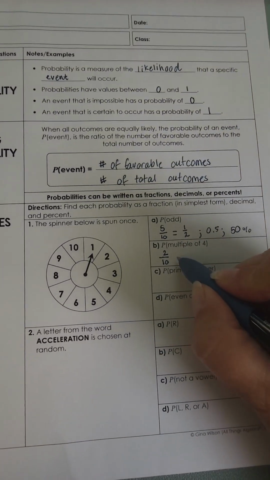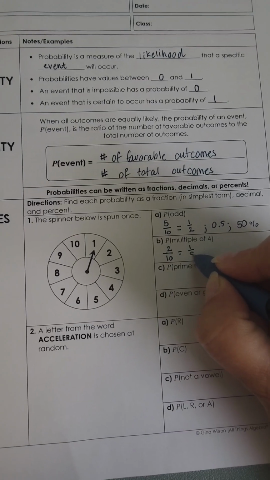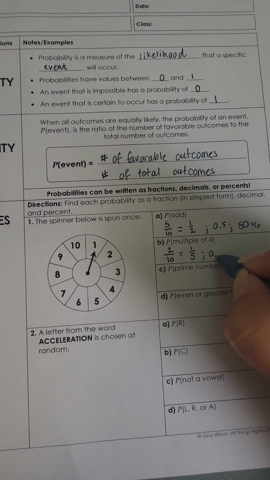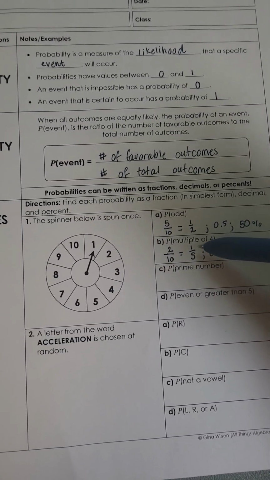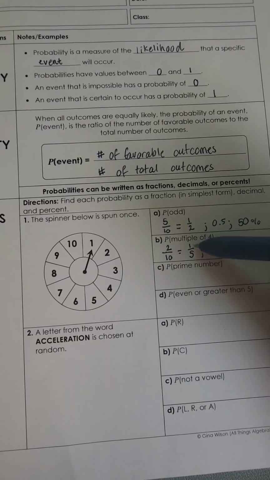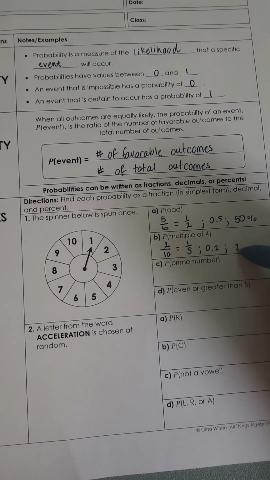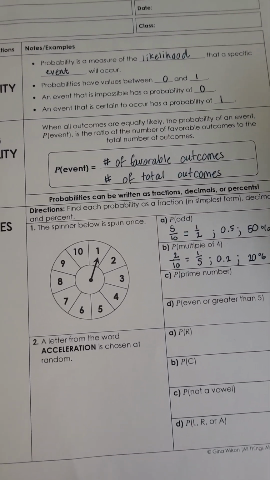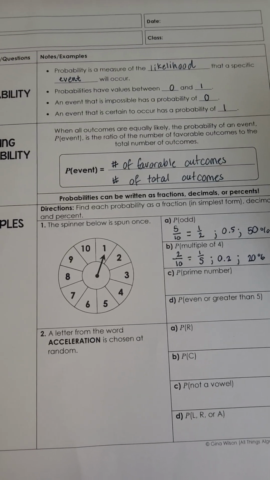So if I simplify that, 2 over 10 simplifies to 1 over 5. That is in decimal 0.2. If you don't know how to get from here to here, remember you have to divide 1 by 5. And 0.2 is 20%. So I have a 20% chance that my spinner lands on a multiple of 4.